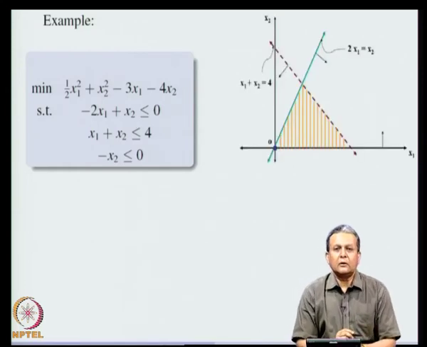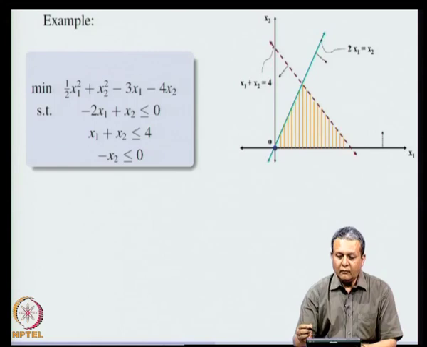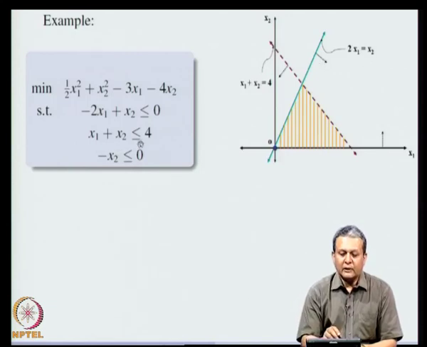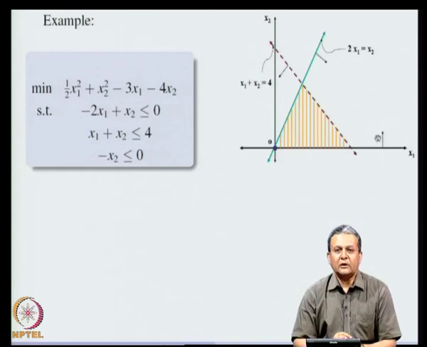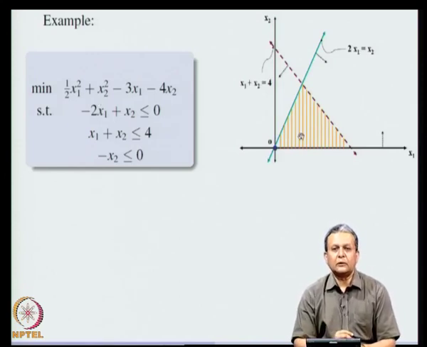If we draw the feasible region, the constraint 2x1 minus x2 greater than or equal to 0 points in the half space shown by this arrow. The constraint x1 plus x2 less than or equal to 4 shows the half space given by this arrow, and x2 greater than or equal to 0 gives the half space indicated by this arrow. So, the intersection of these three half spaces is the shaded region which is shown here, and we want to minimize this objective function subject to these constraints.